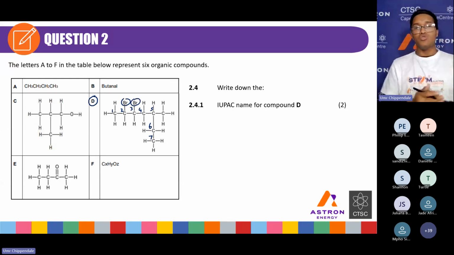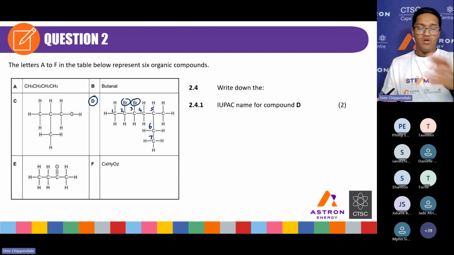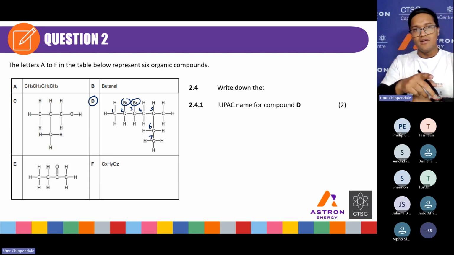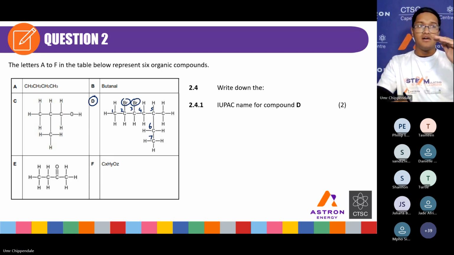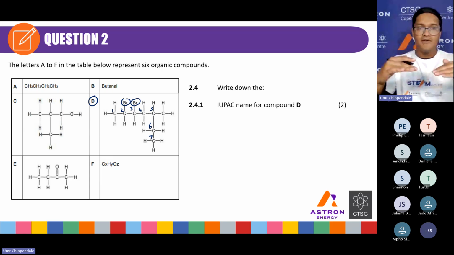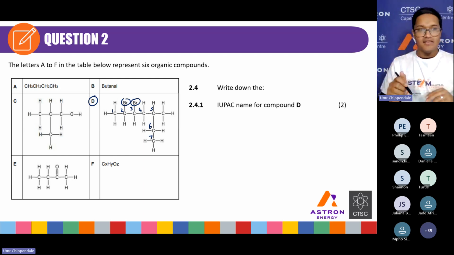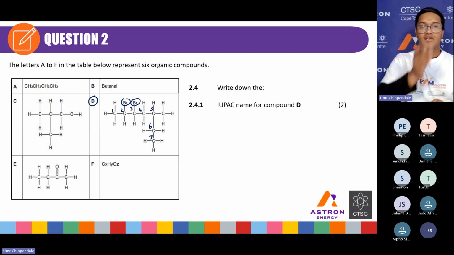But now, because there are 2 bromines found over here, it will be called dibromo. And on which carbons do you find it? Carbon 2 and 3. Now remember, you always separate your numbers with a comma, and you separate a number from a word with a dash. So in this case, starting from the front, it will be 2,3-dibromoheptane.